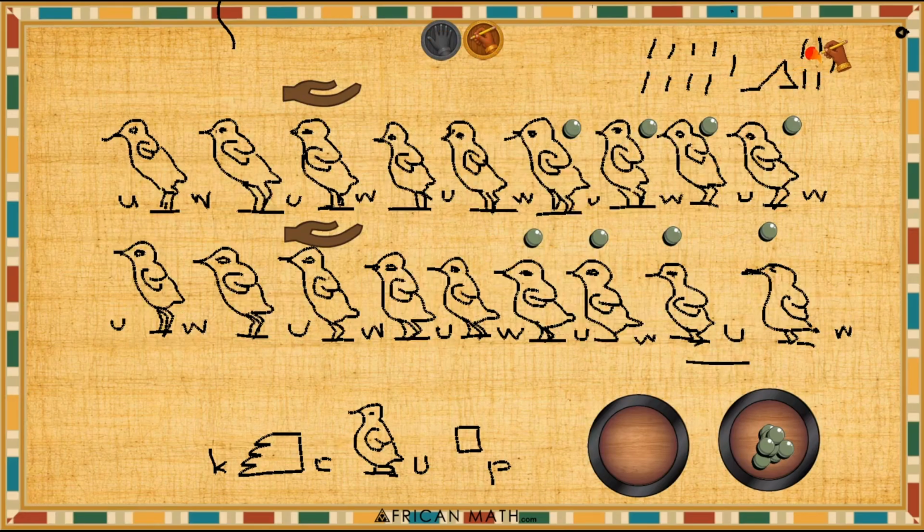So now you see how we have 5 put together with 9. We need to put 9 together with 9. So what we're going to do is count on from 5. We're going to count 6, 7, 8, 9. Okay. So now we have 9 put together with 9.